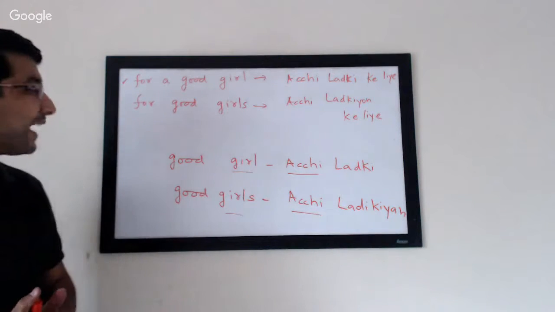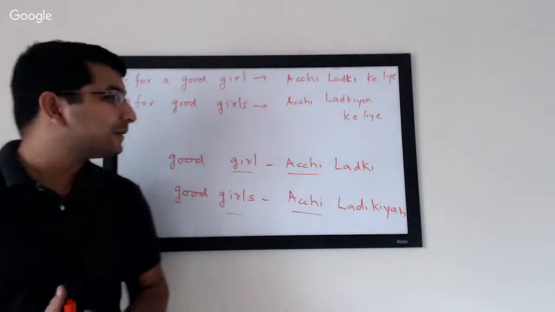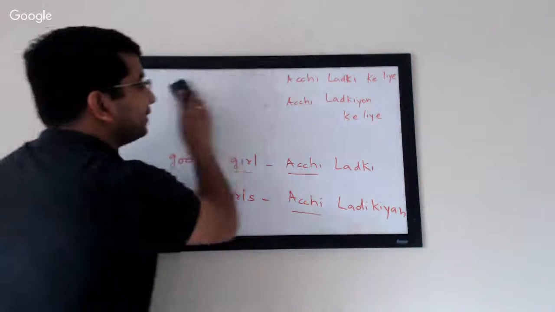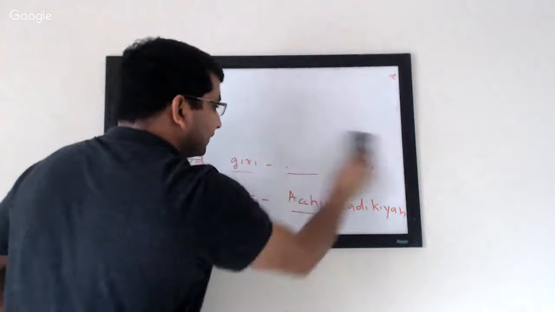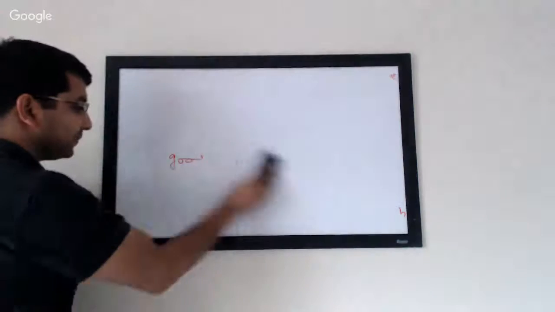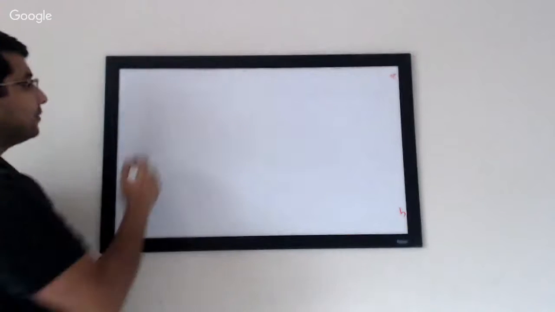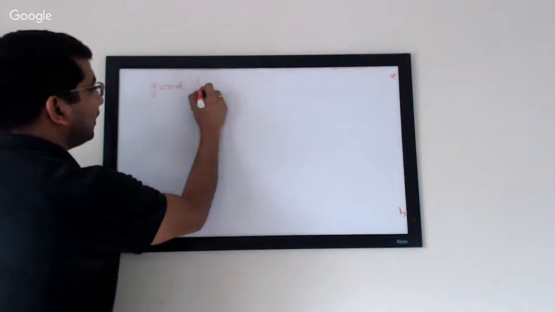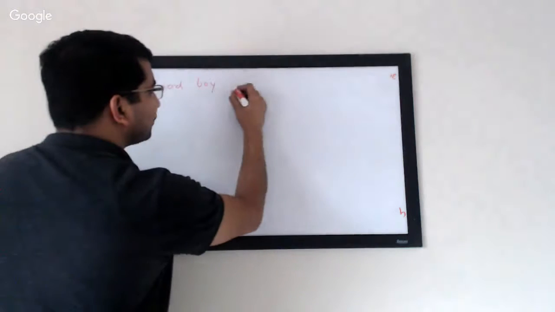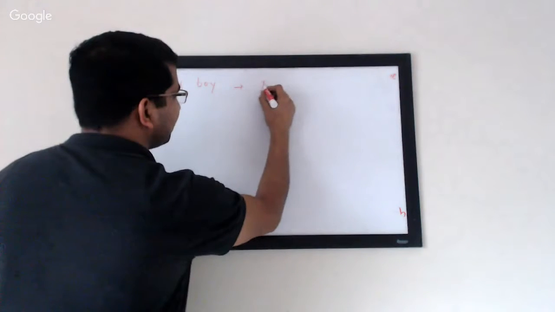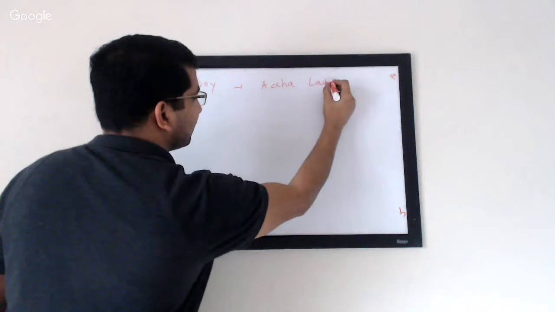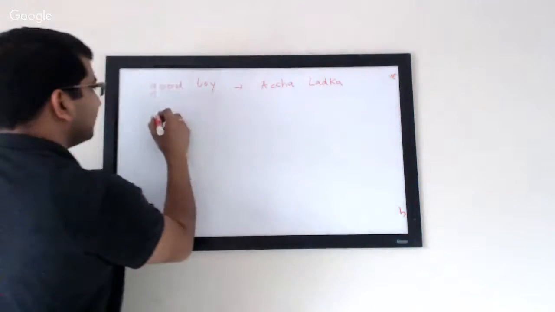I wanted to practice it more, you know. To summarize it, I can quickly write it again, so that at least it's repetition. Good boy. I'm going to quickly write it down because adjective was kind of a tricky thing, right? Good boy is अच्छा लड़का, right?